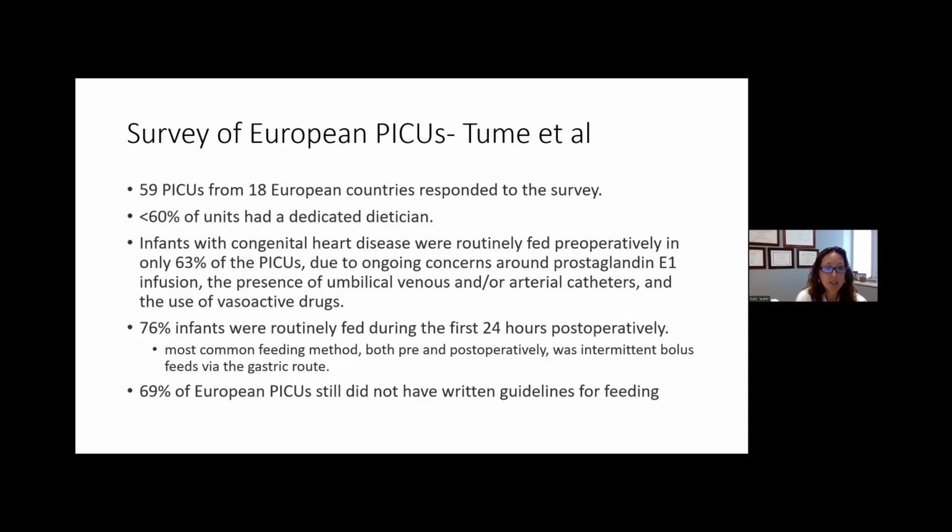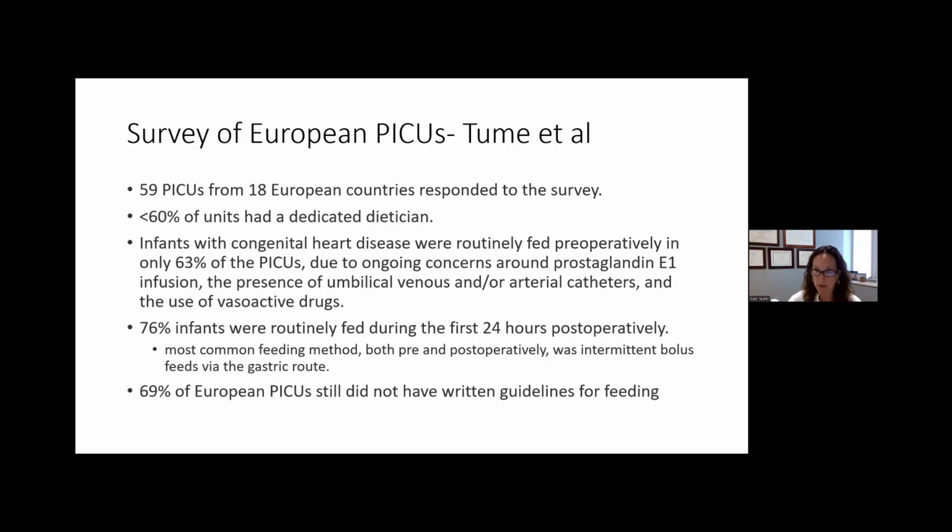About 76% of infants were routinely fed during the first 24 hours postoperatively. And the most common feeding method, both pre and postoperatively, was intermittent bolus feeds via an NG. About 69% of European PICUs still did not have written guidelines for feeding. And this really emphasizes the need for more standardized methods of feeding these infants in order to have outcomes that we can measure across the world.